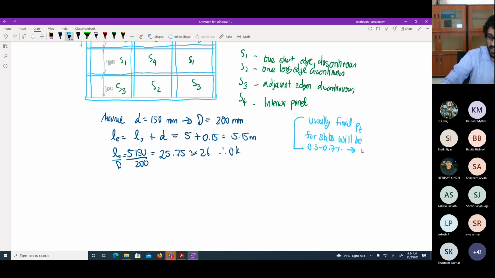Which means you can modify by 1.5 approximately. This is one trick which you can usually use. So you are allowed to do a check like this: my depth should be greater than the span divided by that ratio, maybe if it's 26.